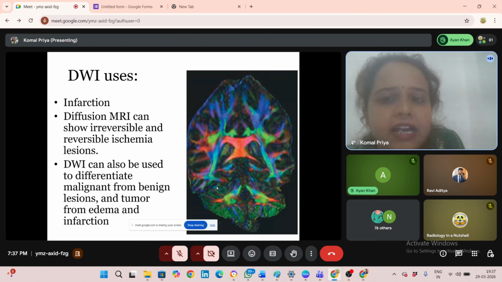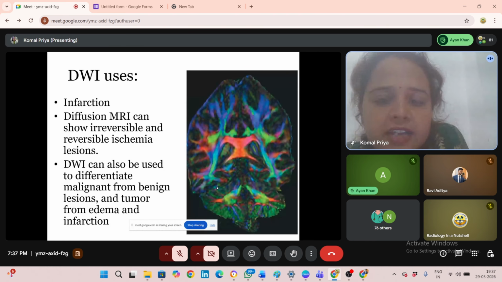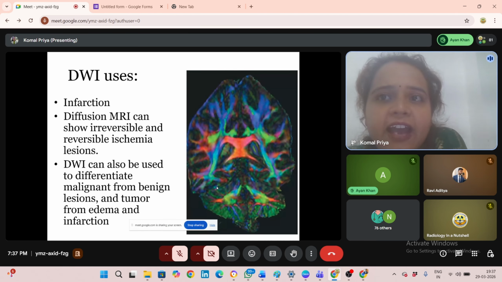Some parts are appearing brighter and some parts darker. This is your diffusion or trace image, in which the damaged areas have restricted diffusion and appear brighter, but they have low ADC. ADC is the apparent diffusion coefficient.